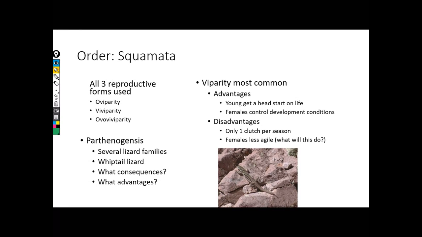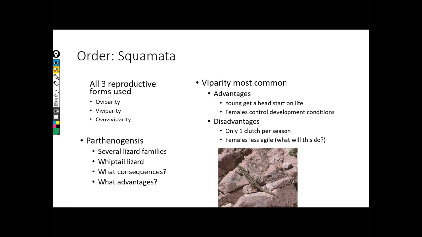So we kind of know this already as we're thinking about our squamates. Very generally, we are using all three types of parturition, which means that's not going to help us, and that's fine. It's not an identifying feature.